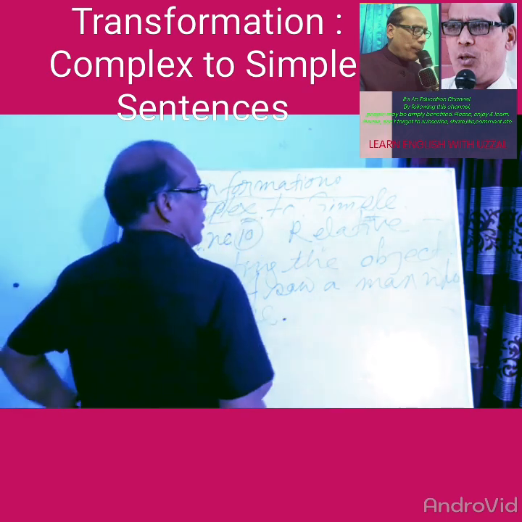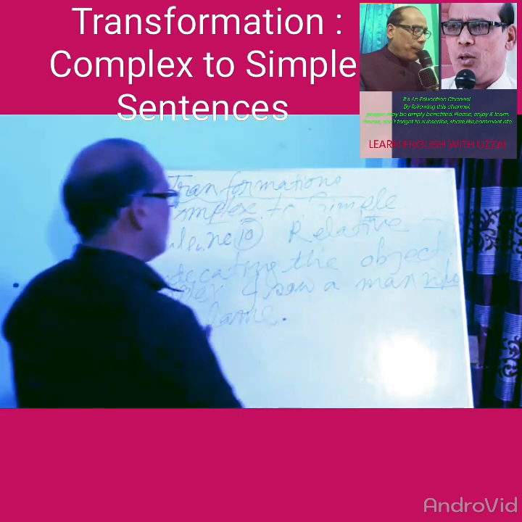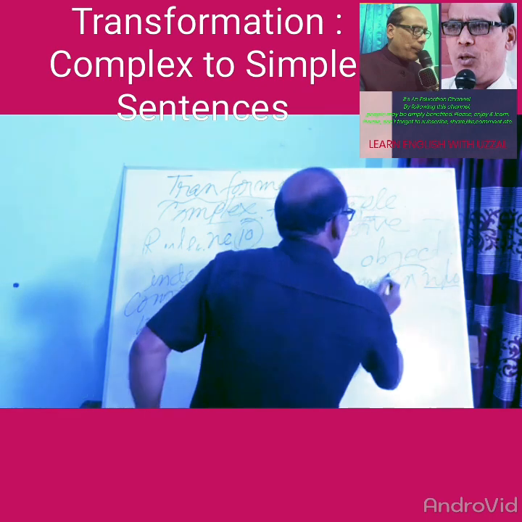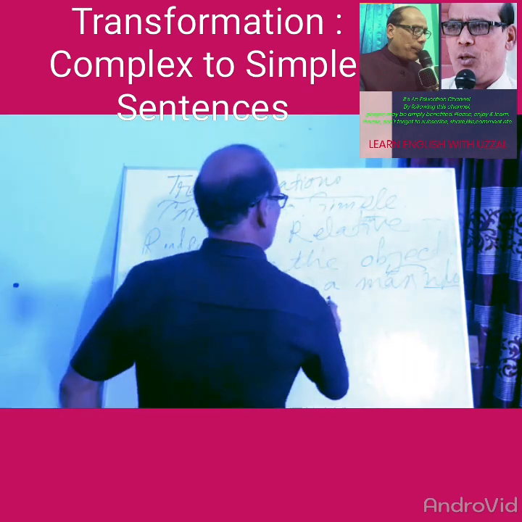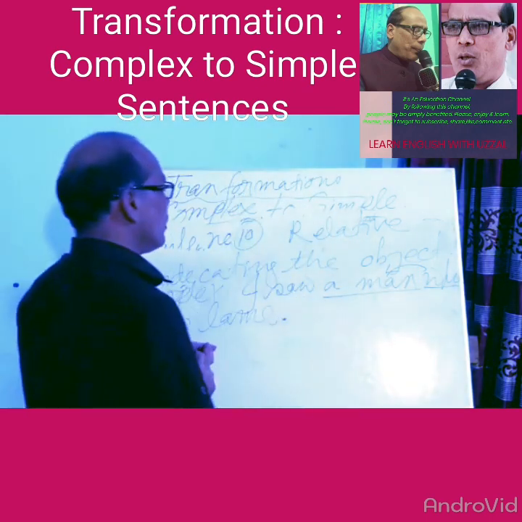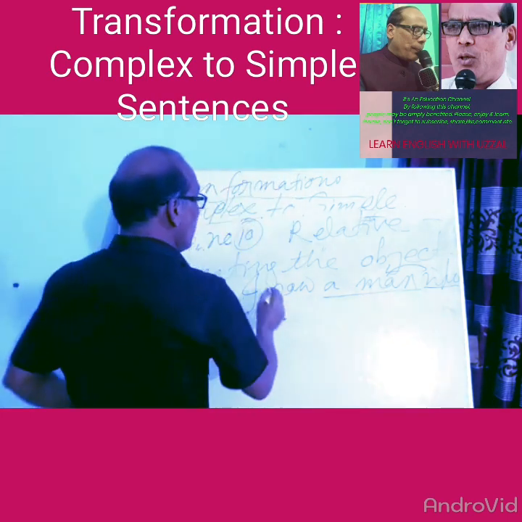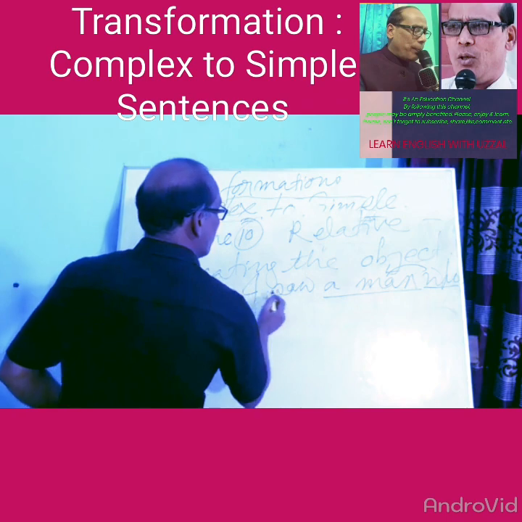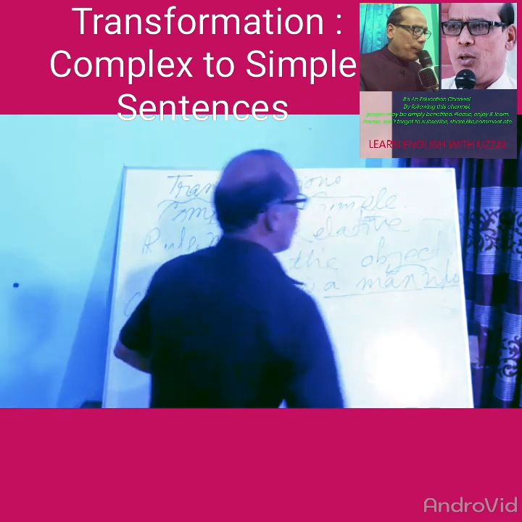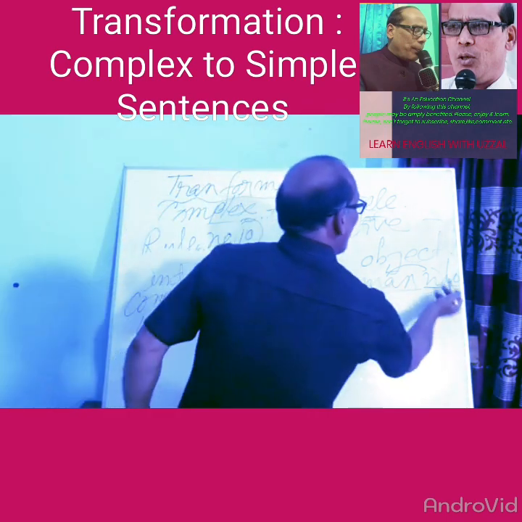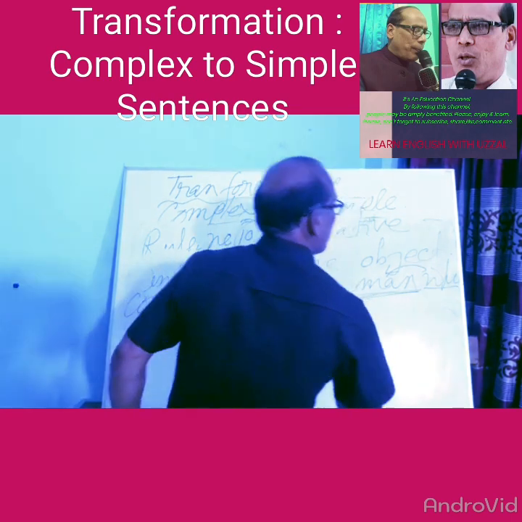Here, who indicates a man, but a man is the object here. I saw a man. I is the subject, saw is the verb, and a man is the object. And who indicates the object, man.